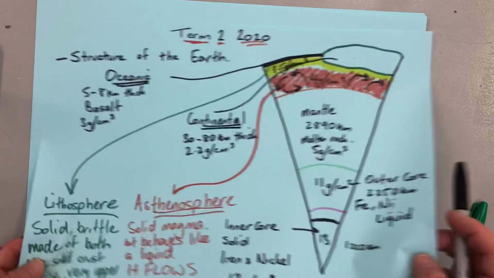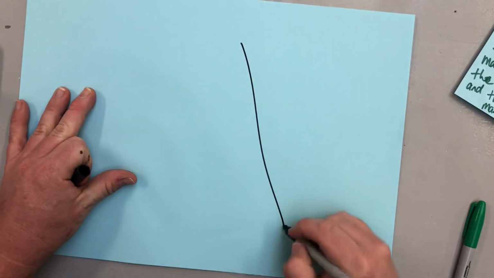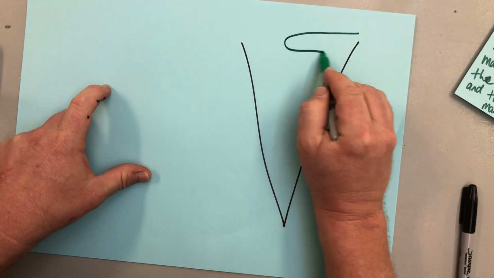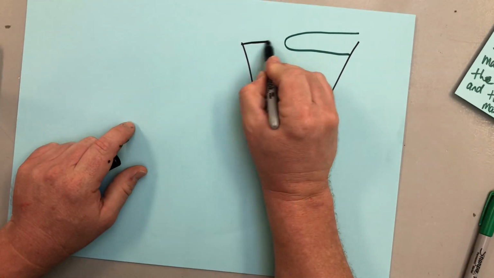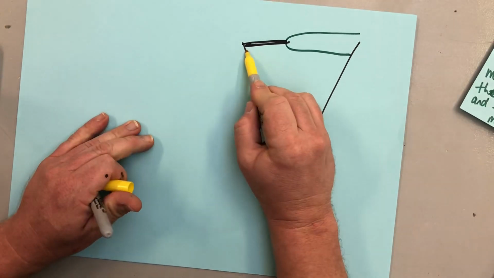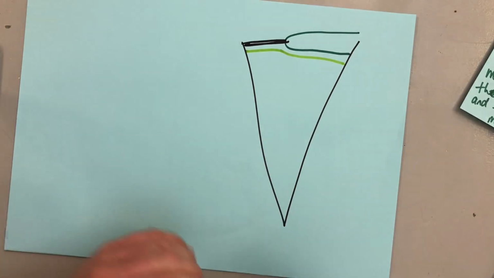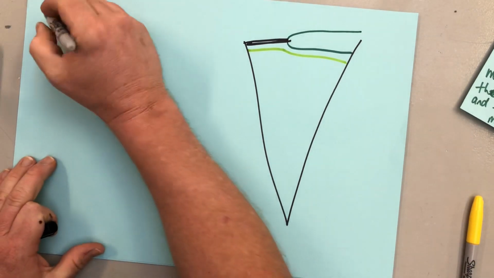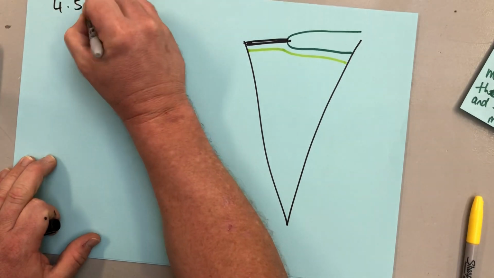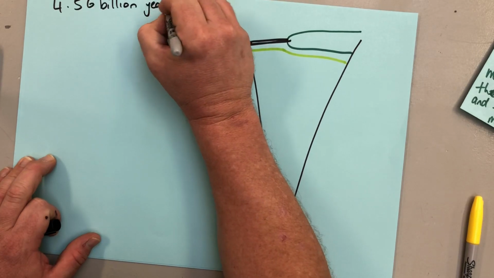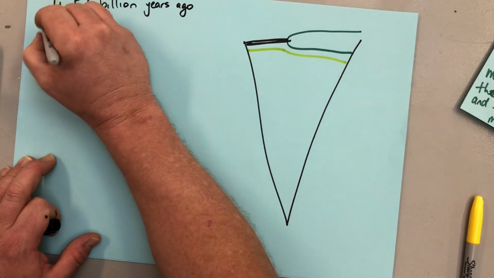So the last little bit I'm going to talk about today is how this all formed. Let me just get my layers back. How this all formed was really interesting, because when the Earth formed, it was once just a molten mass of magma. 4.56 billion years ago, the Earth formed.